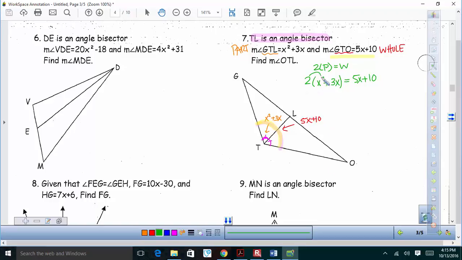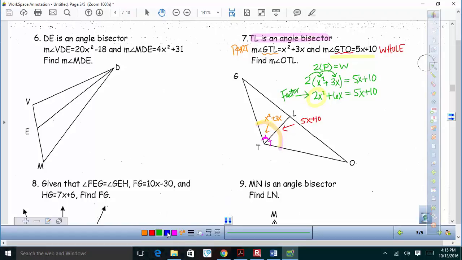So we're going to distribute this 2. That gives me 2x squared. I'm going to distribute my 2 to 3x, which is going to give me 6x equals 5x plus 10. Now, anytime we see x squared, that should automatically set off an alarm in our head that says we're going to have to factor. So in order to factor, I need to get everything on one side.